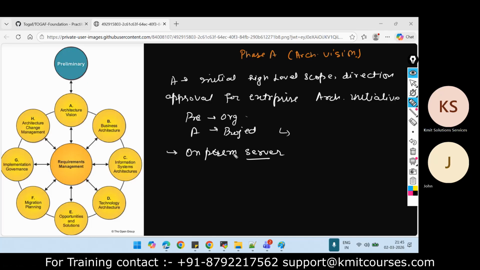So now in phase A, you will say we are converting this on-premises environment to a cloud-based environment. This is a clear-cut statement and very high level. And what we are achieving: they need replication of the server, they need zero downtime, they want to define certain SLAs, etc. Those things we are going to solve.